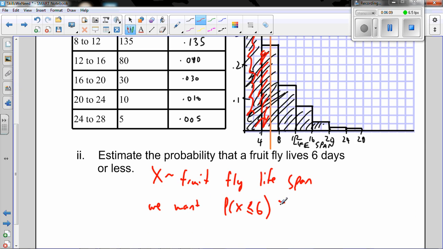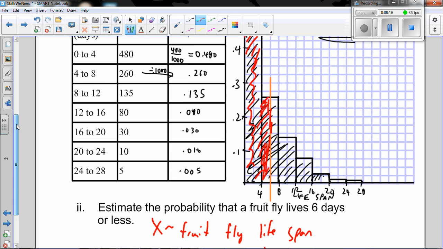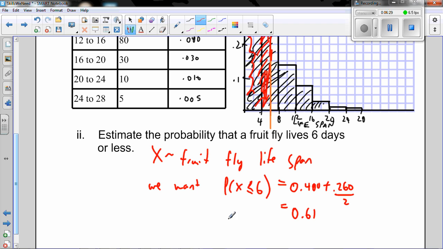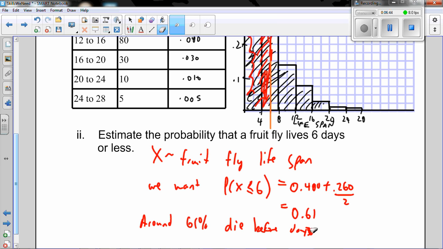There's 48% that were in there, plus half of this bar here. Second bar was 0.26, but half of it, so it looks like around 61%. Around 61% die before day 6, or have a lifespan less than 6 days.